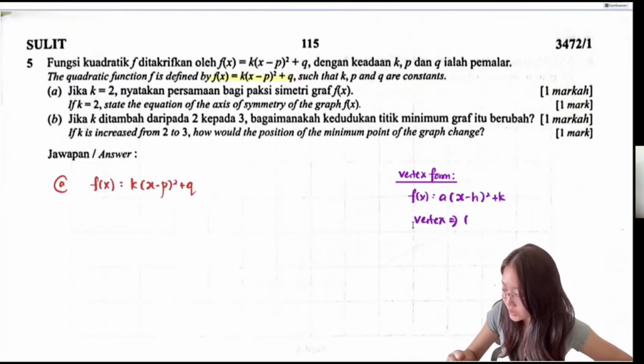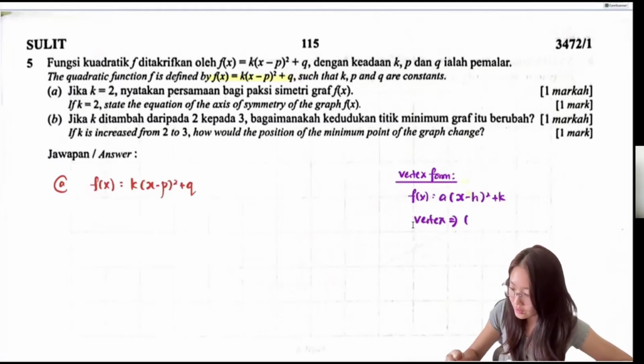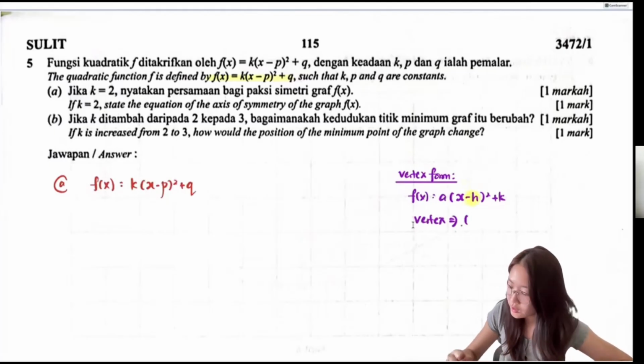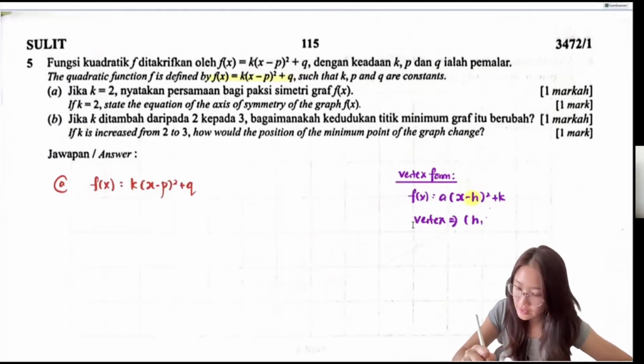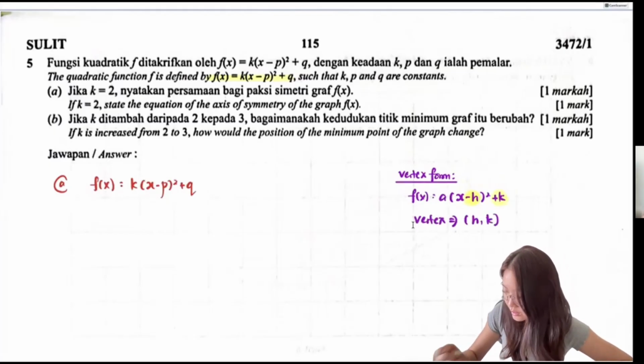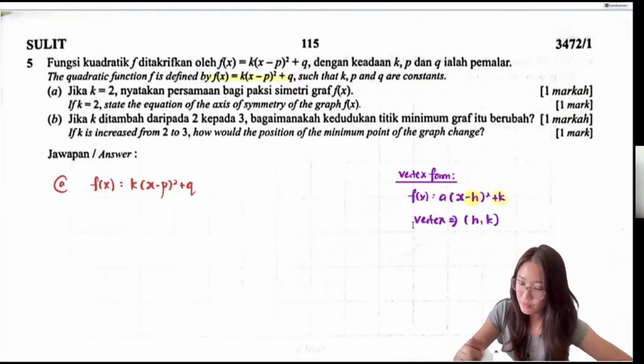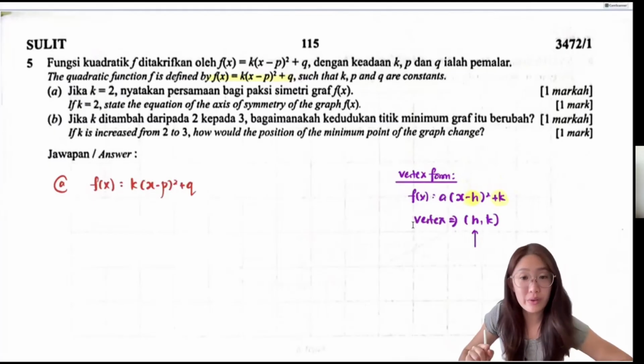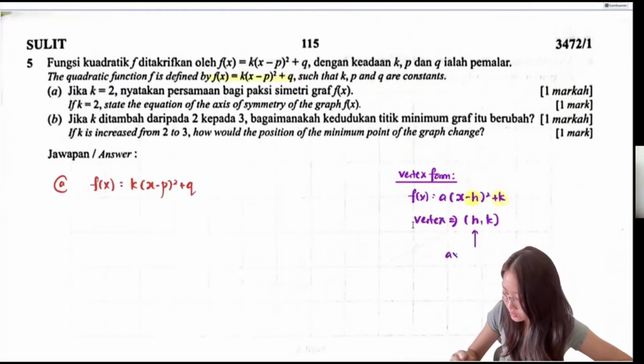So here, your vertex, you need to switch the symbol when you take out the h, and then k. This is your vertex. Please bear in mind, this h doesn't only tell you the x coordinate of the vertex, it also tells you the axis of symmetry.